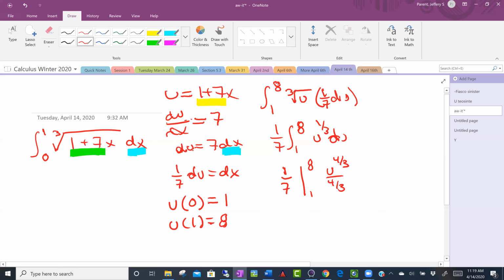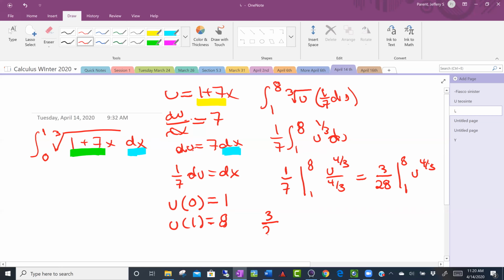Now, dividing by 4/3 is like multiplying by what? 3/4. 3/4. So that's going to be 3/28 times the function U to the 4/3 between 1 and 8.